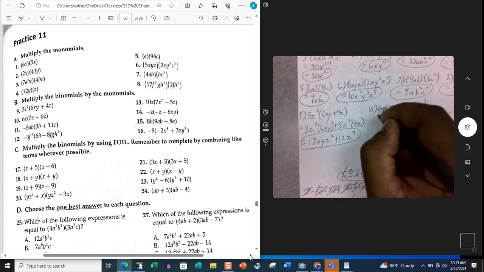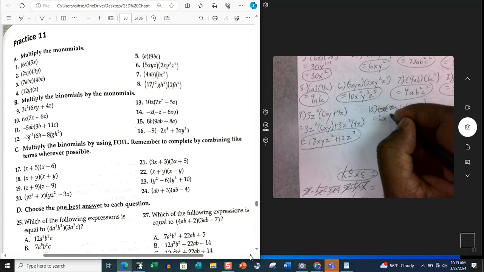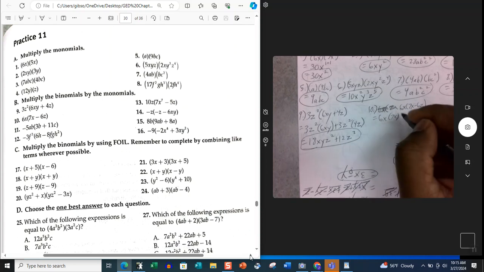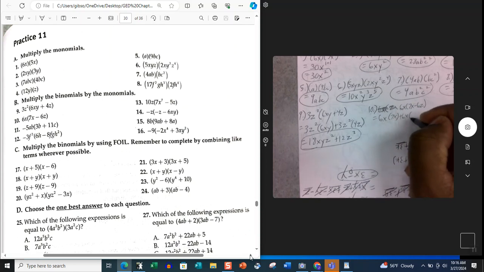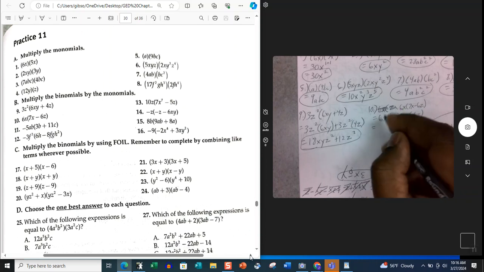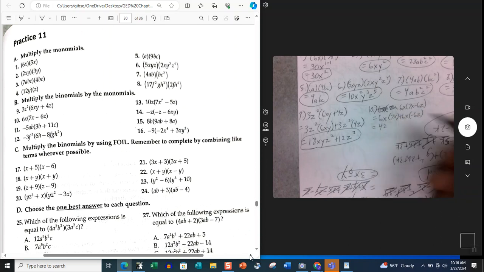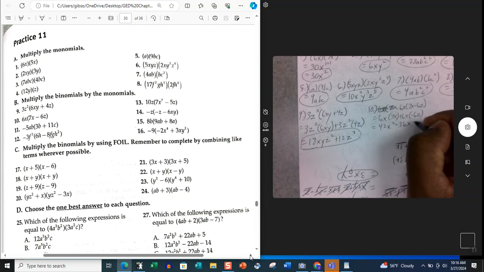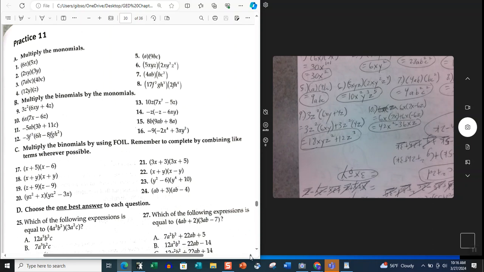So we have 6x times 7x, and then a positive 6x times a negative 6z. 6 times 7 is 42, and x times x is x squared. 6 times negative 6 is a negative 36, and then we will have xz. And this is your final answer, because they have nothing else in common.